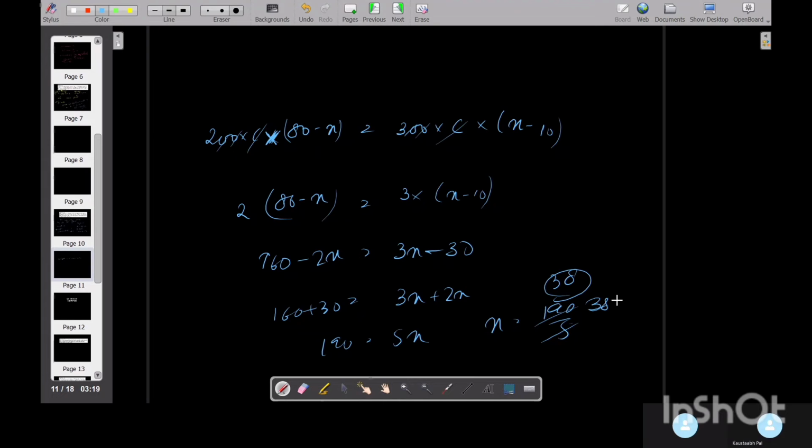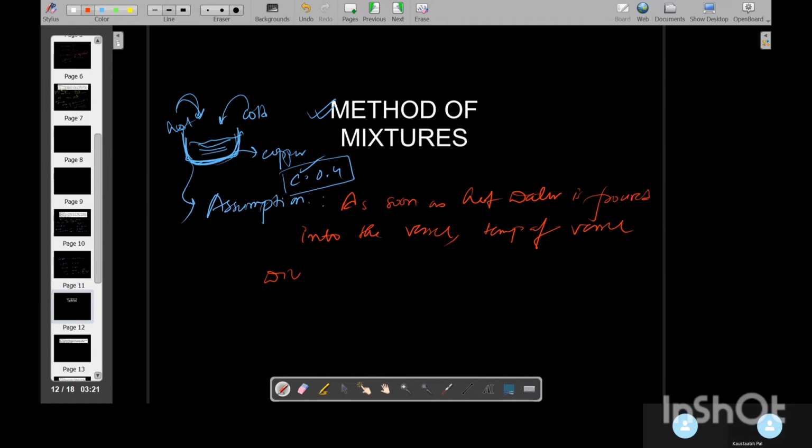This is where the assumption comes. What is the assumption? Remember this very carefully: as soon as hot water is poured into the vessel, the temperature of the vessel will become equal to the temperature of the hot content within it.